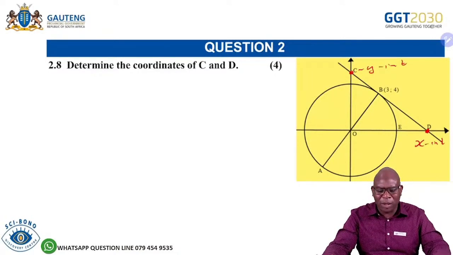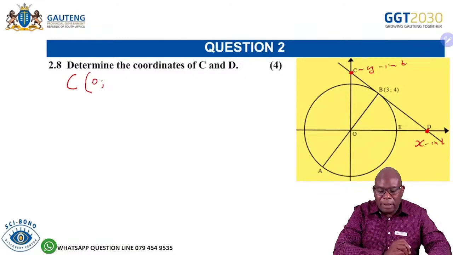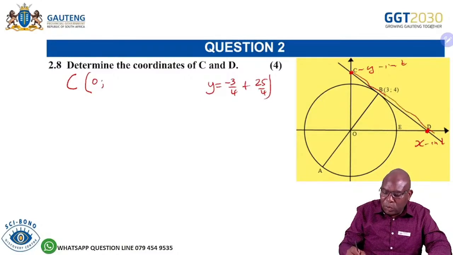But with this one, they say determine the coordinates of D, which means that at C, the x value will be 0. Then I have an equation which I got, which was y equals minus 3 over 4 x plus 25 over 4, because that's line CD's equation.